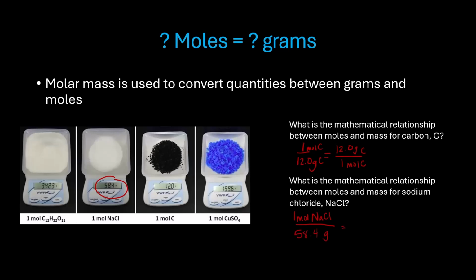And again, conversion factors can be flipped because they are equivalent to 1. So it doesn't matter what goes on the top or the bottom, they are always going to be equal. So 58.4 grams of NaCl goes on top, and 1 mole of NaCl goes on bottom, depending on how you want to use it.